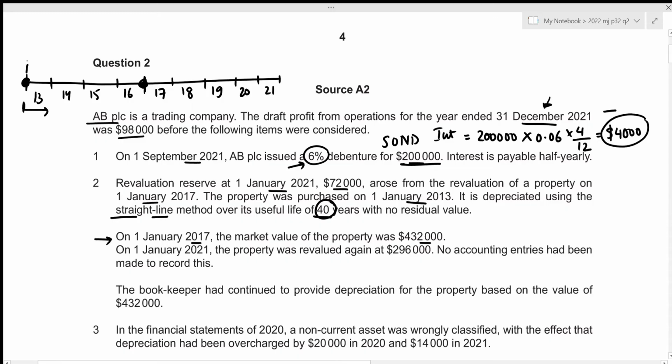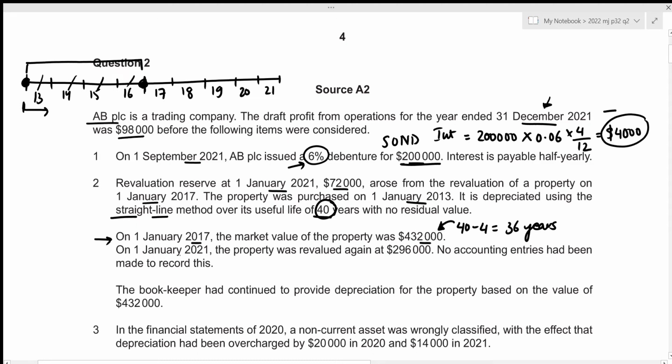We just need to subtract the time that has already elapsed, which in this case is 2013, 14, 15, and 16. So 4 years have already gone by, which means that now the useful life will be 40 minus 4, which results in 36 years. So this will be the basis in order to calculate depreciation using this amount of 432,000.